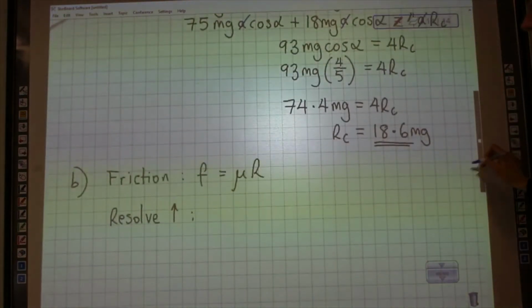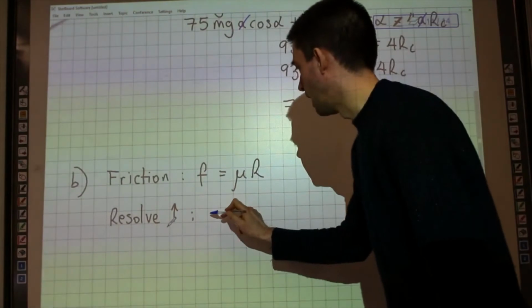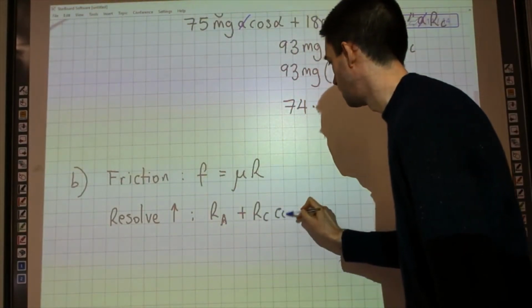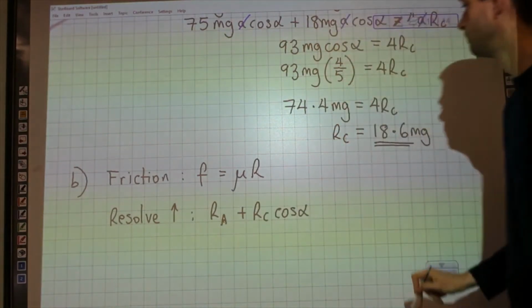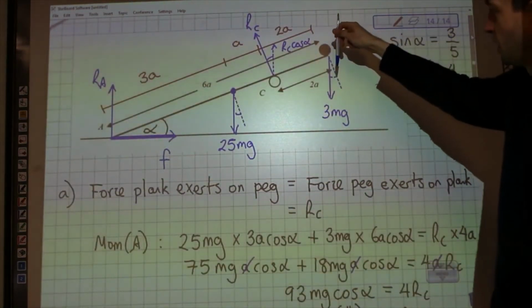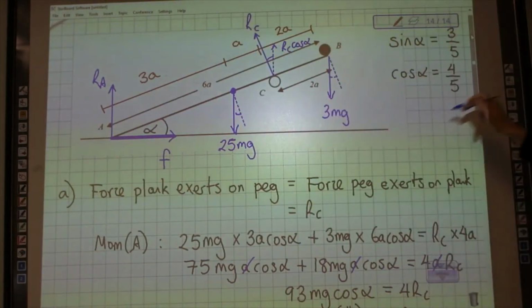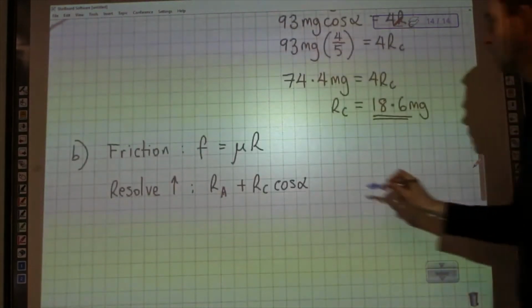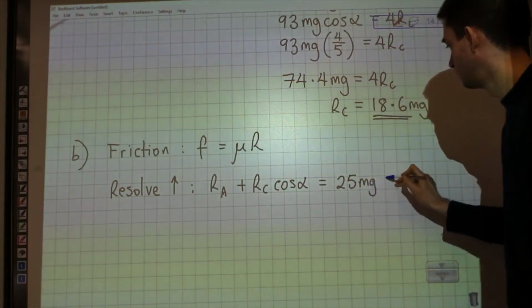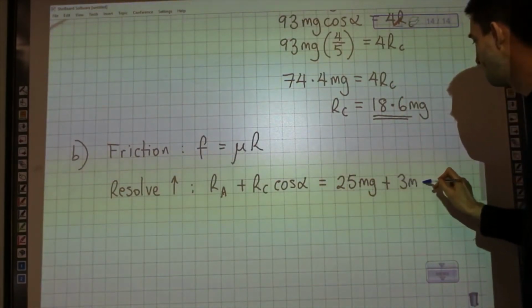So acting up, I have RA plus RC cos alpha. And acting vertically downwards, I have 3 mg and I have 25 mg. So that's going to equal 25 mg plus 3 mg.